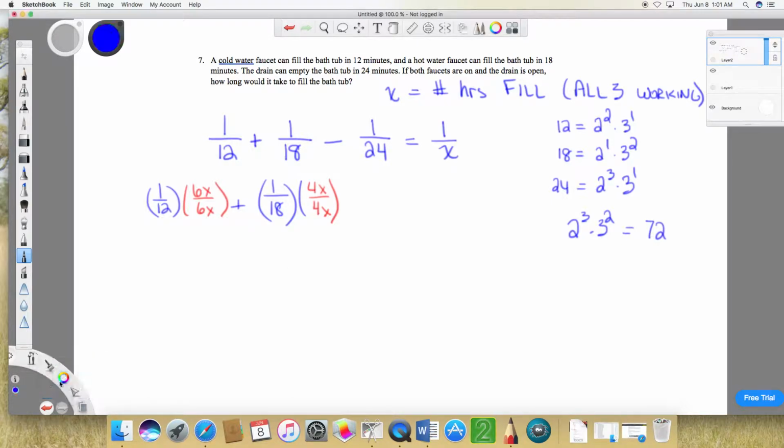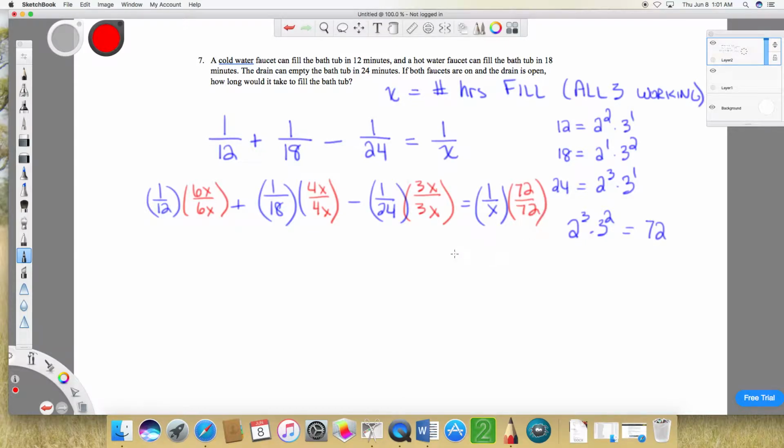And then minus 1 over 24, and 3 times 24 is 72, so I need 3x over 3x. And over here, with 1 over x, I need 72 over 72, right?